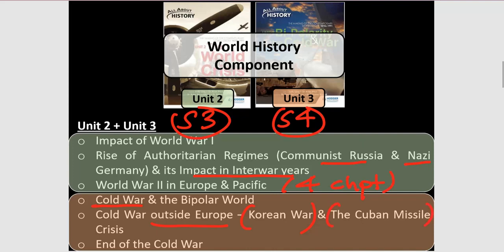The last chapter on its own will be on the end of the Cold War. So in the span of 2 years, you'll be doing all this, and for your N levels, you will stop at the Korean War. So if you are picking history as a subject, these are some of the topics you are doing. And if this is not your cup of tea, then you shouldn't be picking history as a subject.